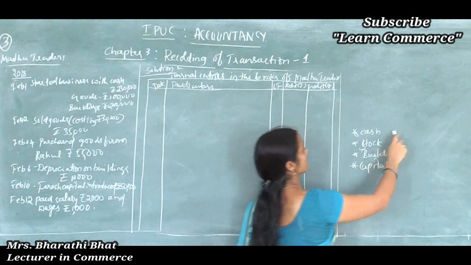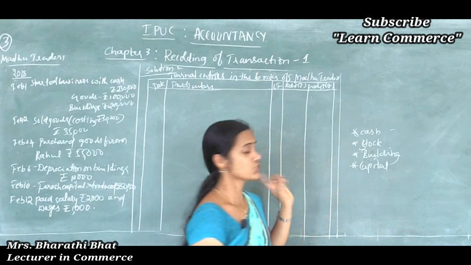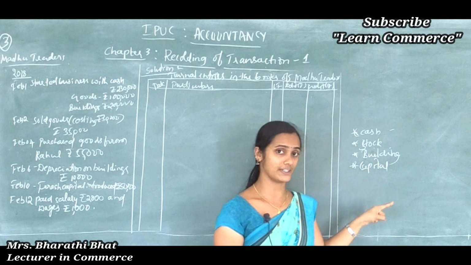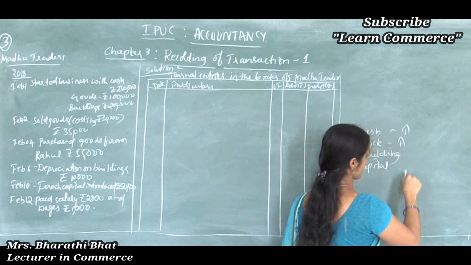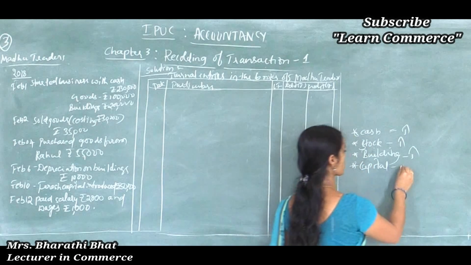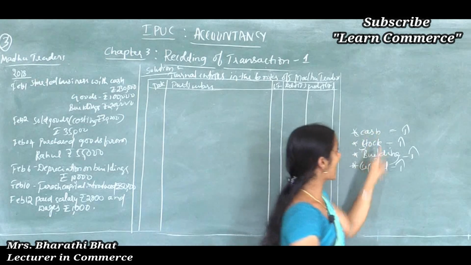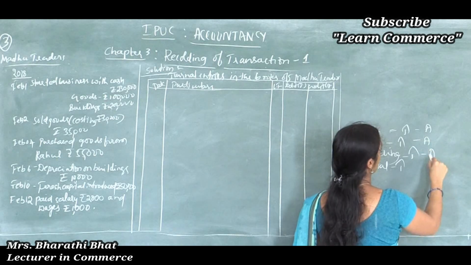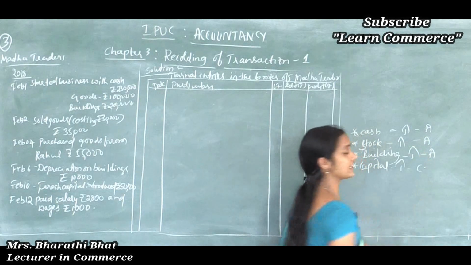So cash comes under capital, stock comes under capital, buildings also considered as capital itself. Cash shows increased value, stock shows increased value, building shows increased value, and capital also shows increased value. Cash comes under asset, stock comes under asset, building comes under asset, and capital comes under capital account.